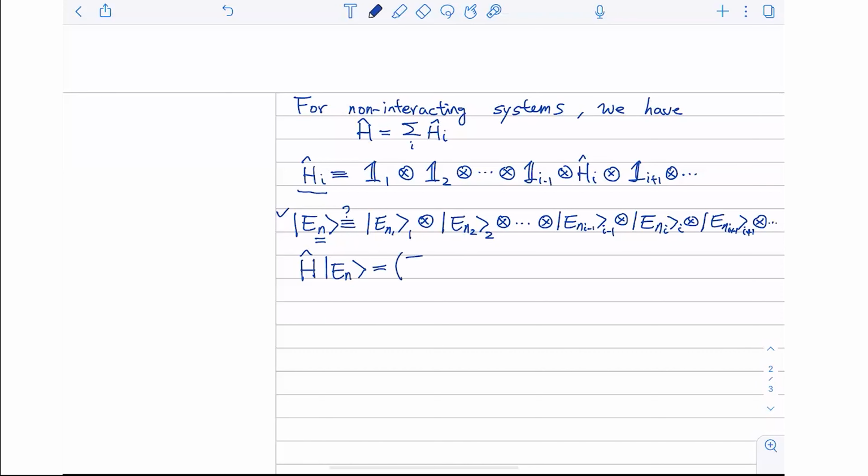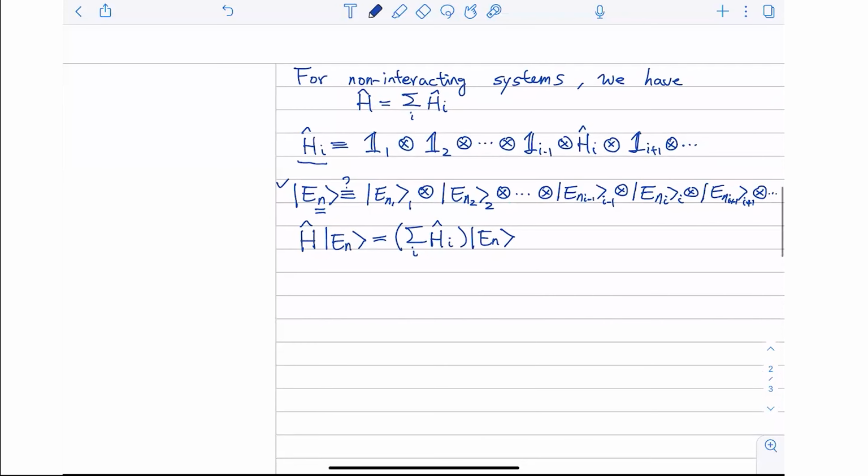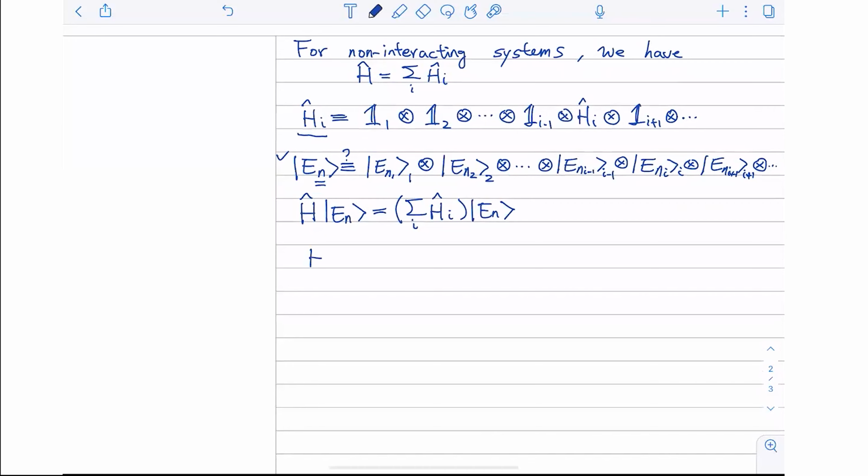Because we know our non-interacting Hamiltonian can be written in this fashion, and we also know that the ith particle Hamiltonian applied on the eigenstate with energy E_ni will give us the energy E_ni of this corresponding state.